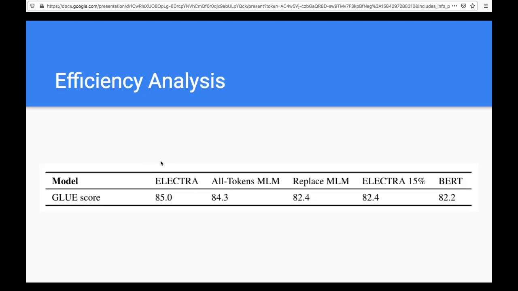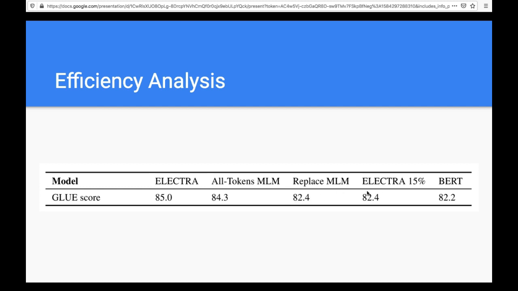And the result is here. The standard ELECTRA has 85% of GLUE score, and the all token ELECTRA has a very high score, 84.3, and you only use the replace one. Basically, this one solves the discrepancy between fine tuning and the training, and the score is much lower.